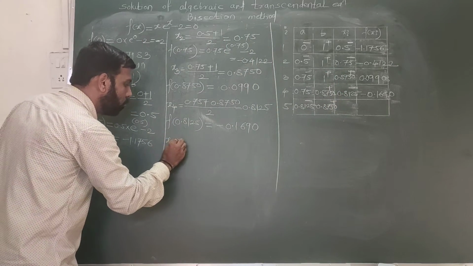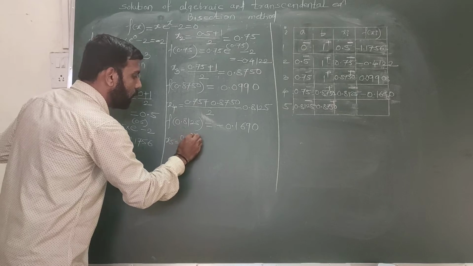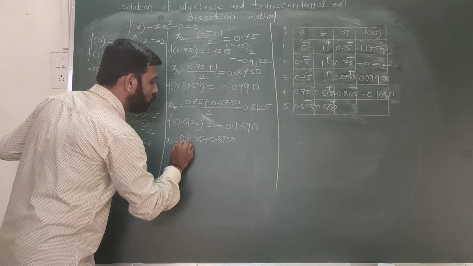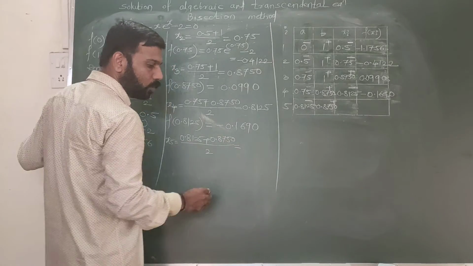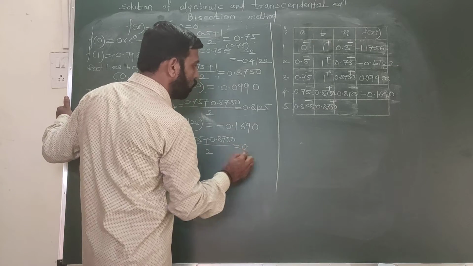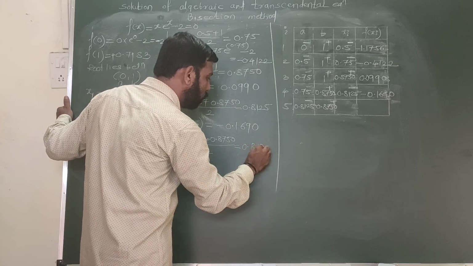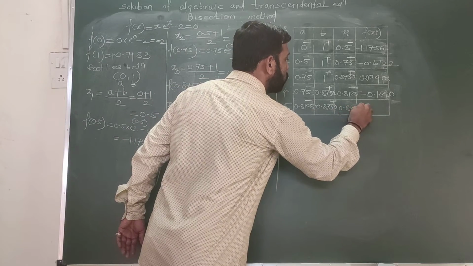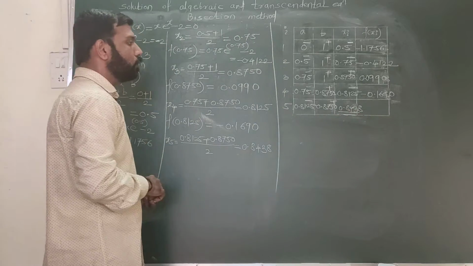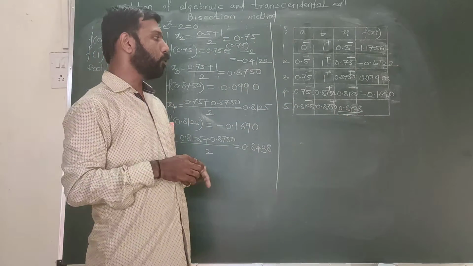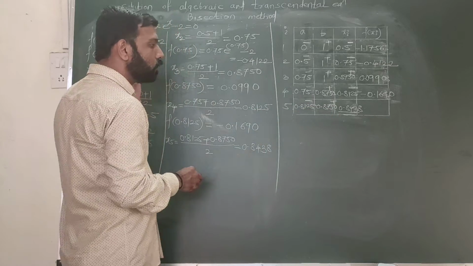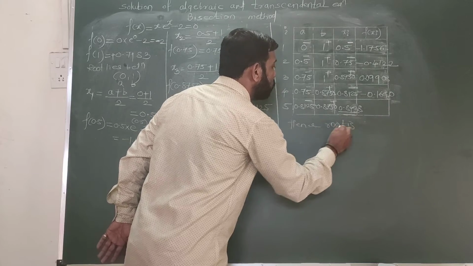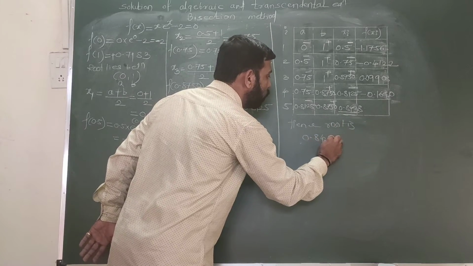So x5 becomes 0.8125 plus 0.8750 upon 2, which equals 0.8438. So we stop after calculation of the fifth approximation. So x5 is this value, hence the root is 0.8438.